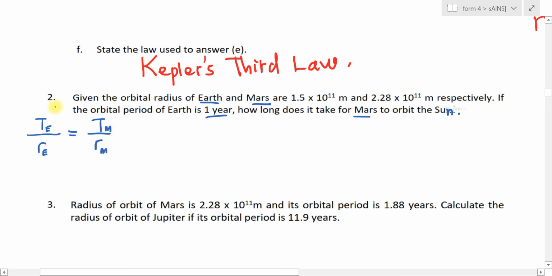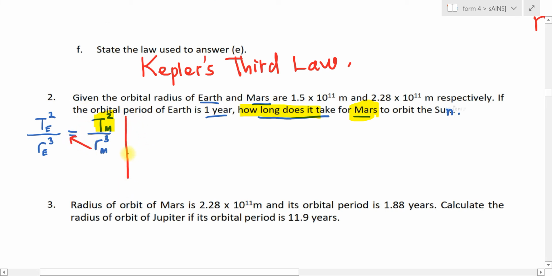And then, jangan lupa kita kena square ke atas, cube ke bawah. Okay, apa yang dia tanya? How long does it take? Period of the Mars. So, dia tanya Tm square lah. Okay, how long maksudnya period. Untuk apa? Mars. Dia tanya yang ni lah. Jadikan yang ni subjek. Jadi, kita bawa pergi sana.